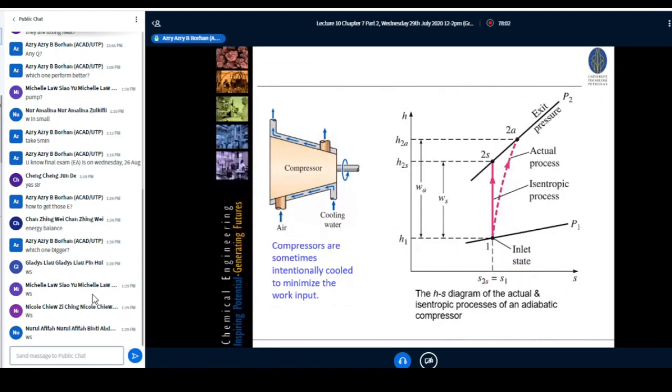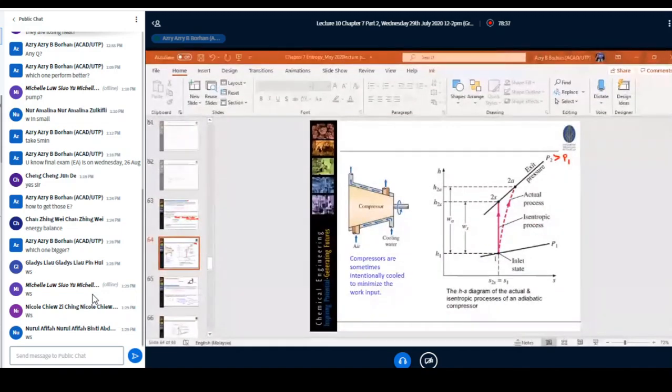Remember guys, when you are compressing something or pumping something, the outlet temperature of the fluid increases as well as pressure. So that's why exit pressure P2 is greater than P1. This is one of the important characteristics of compressor and pump. Okay, so here you can see the difference between WA and WS. So guys, can you tell me which one is the good one, WA or WS? Which one for compressor?